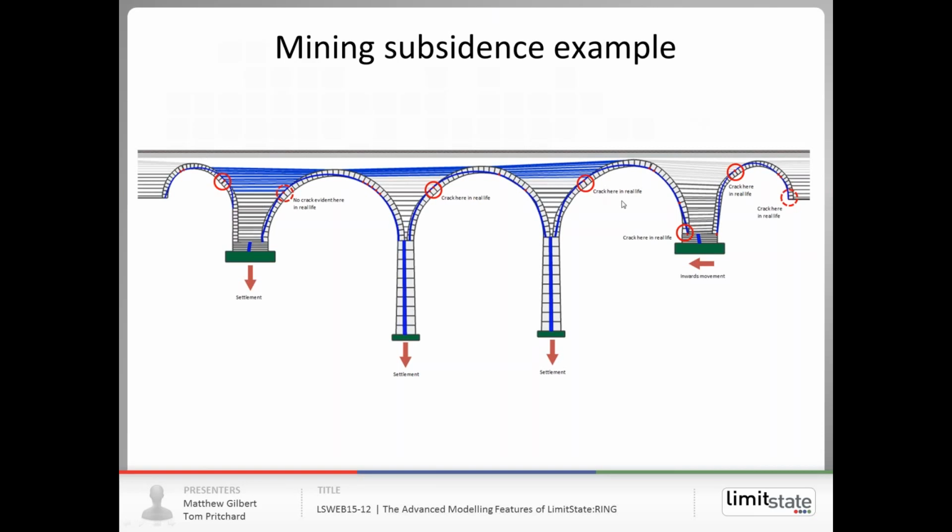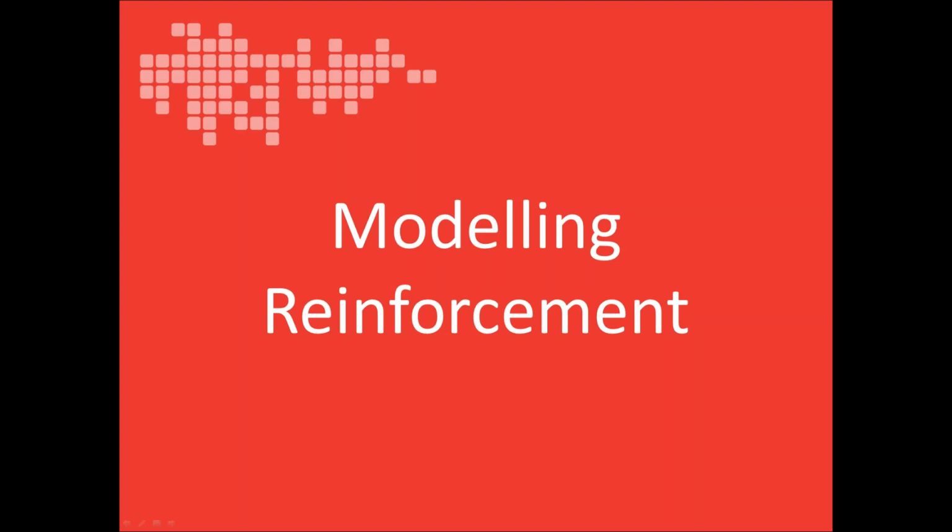Most of the cracks that we see in real life, we're able to pick up in the model, and the only cracks that weren't there in the field were generally the more minor cracks in the model. So here we've got quite a complex set of movements which we think actually occurred, where we've definitely got settlement, but also some translational movements of the pier in one case.